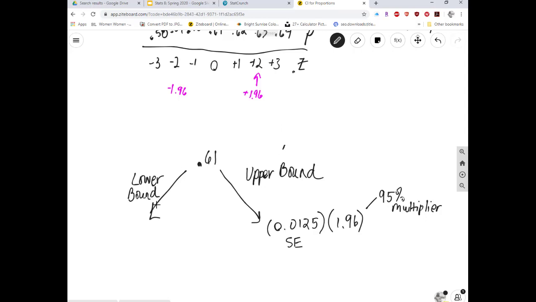The same thing's going to happen on the other side. I'm going to take the standard error, 0.0125, multiply it by the actual z-score that matches 95%, which is 1.96. Okay, I'm going to calculate that to get my margin of error.